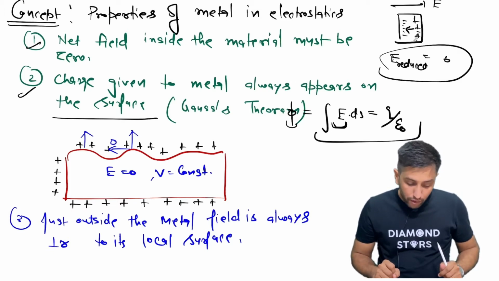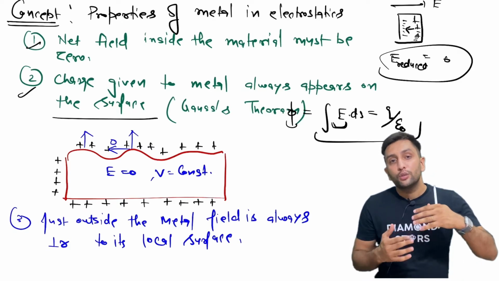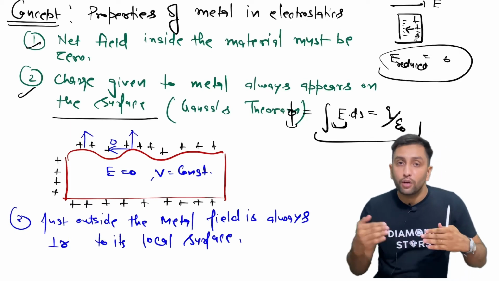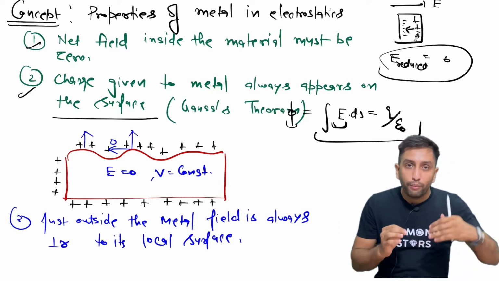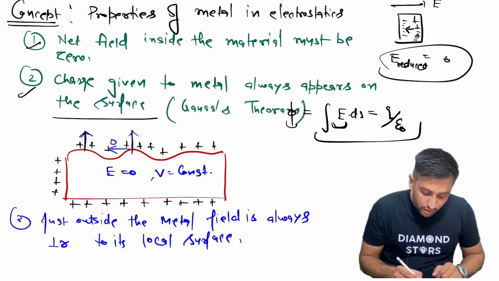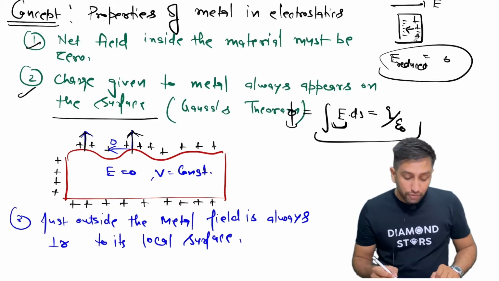The electric field is always perpendicular to the surface which you are taking. The tangential component of the electric field over the surface is always 0, so the field is taken along the perpendicular direction over the surface.